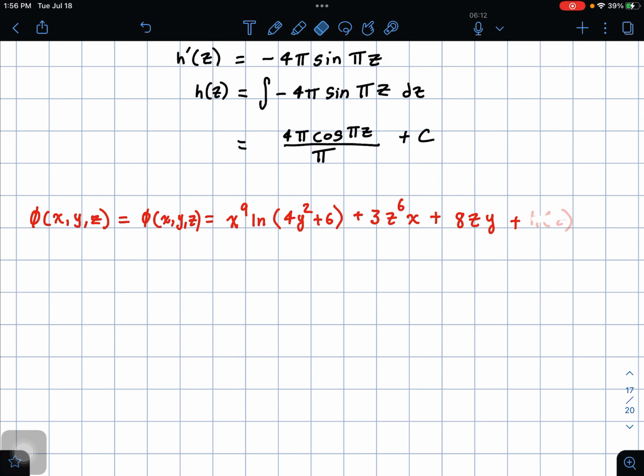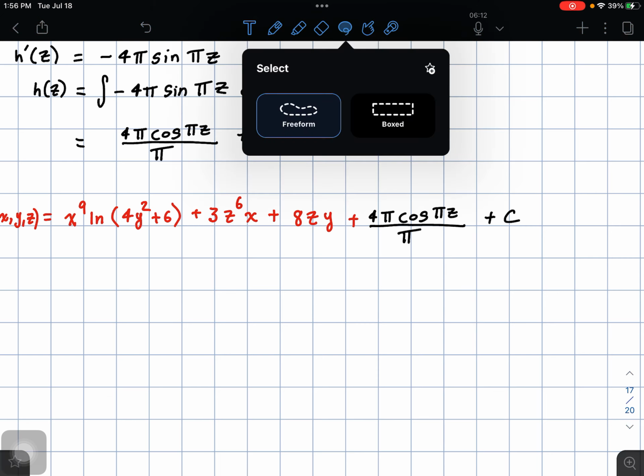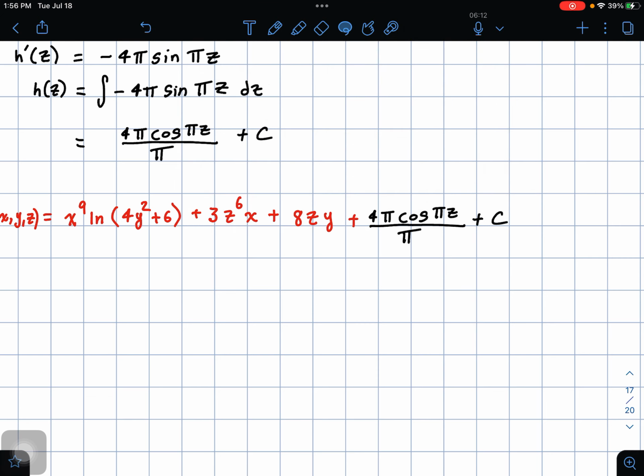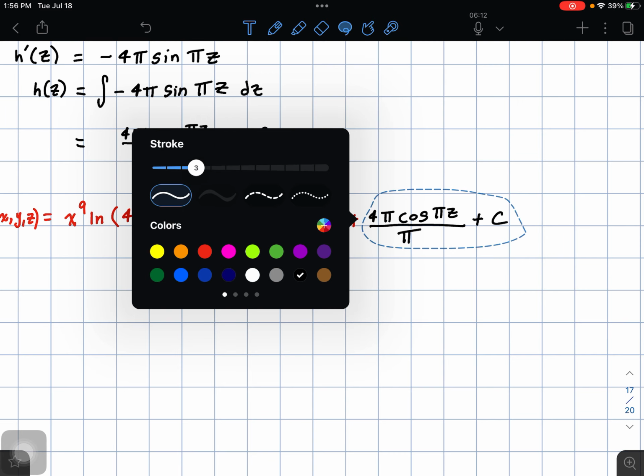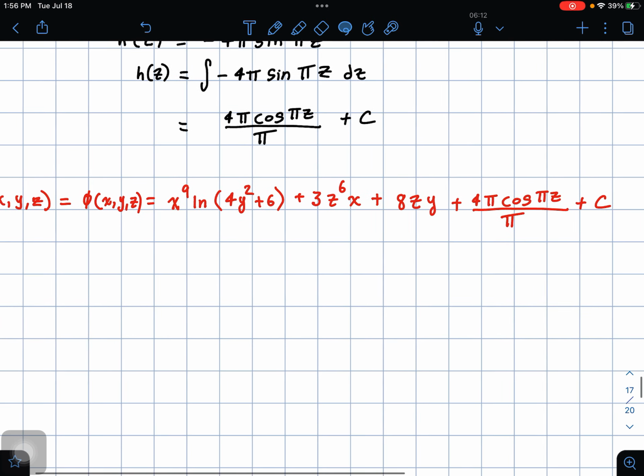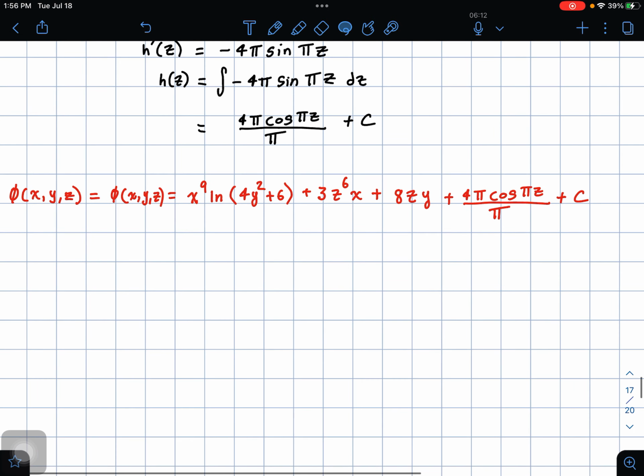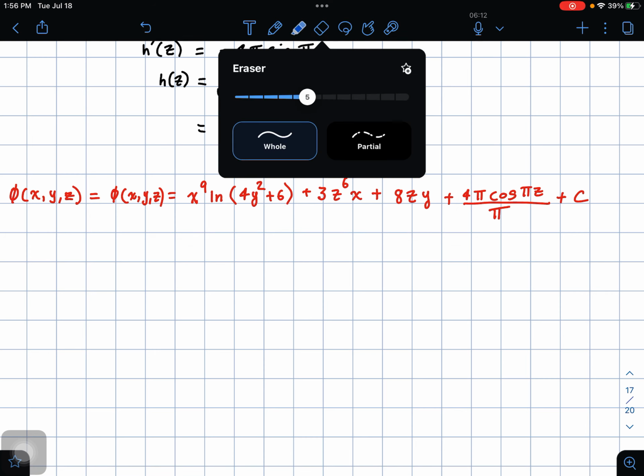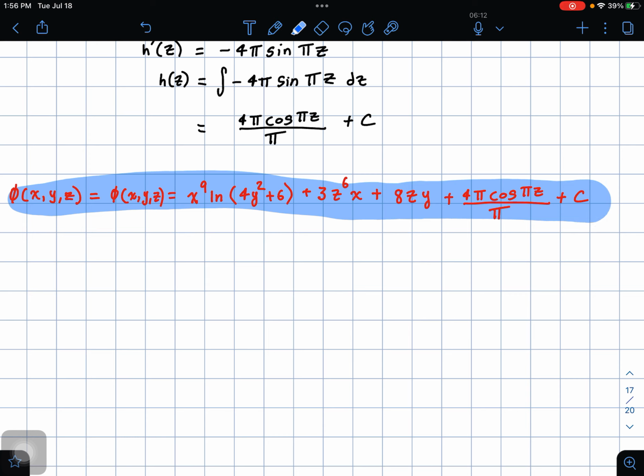And then this H of z we said is this. If this is an actual test and you have to write down all of this on paper, I'm very sorry. And I don't think they will ask this question on a test because of how long it's taking. Okay, so this right here is our very final potential function.